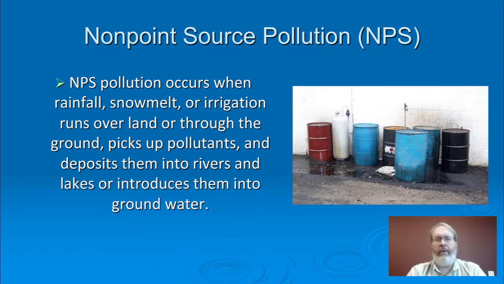Let's talk about non-point source pollution. It basically occurs when rainfall, snowmelt, irrigation, whatever, water running across the land has the opportunity to pick up pollutants and then deposit those pollutants into our local lakes, rivers, streams, in addition to our groundwater.